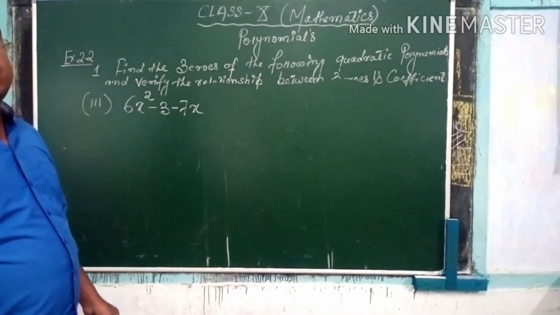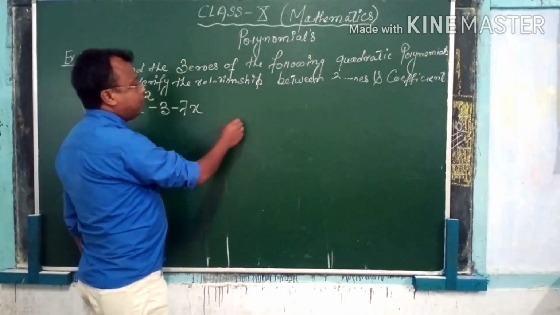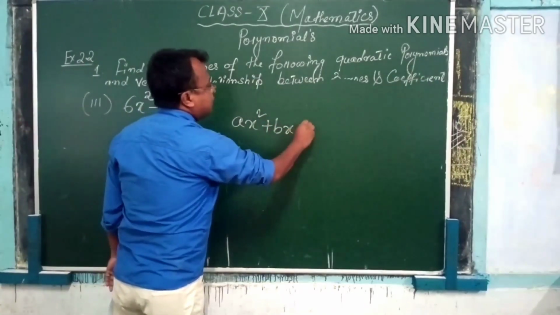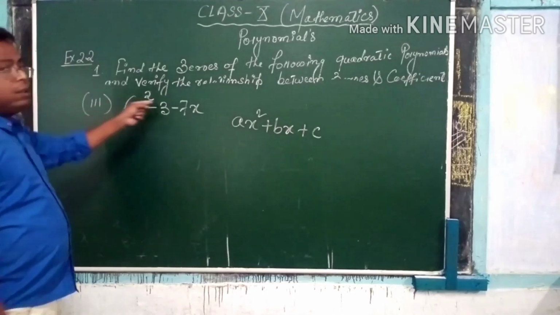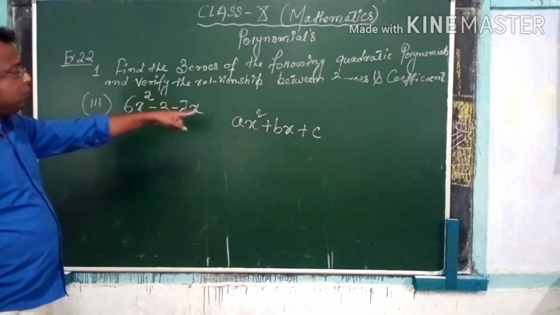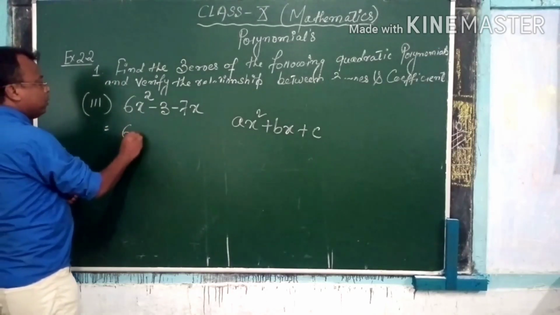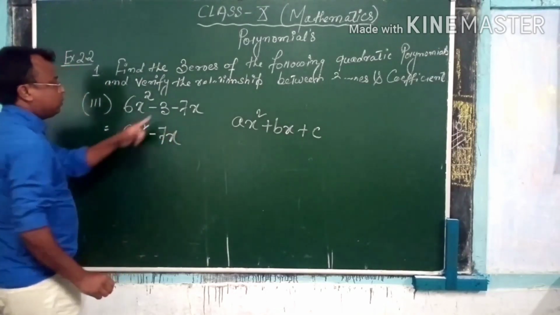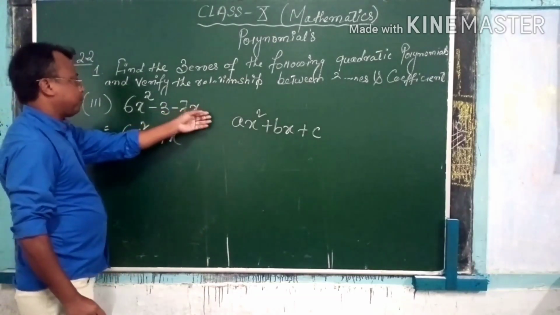Yes, this question is not in standard form. You know the standard form of a quadratic polynomial is ax squared plus bx plus c. This is not in standard form, so first of all make it standard form: 6x squared minus 7x minus 3. You just change the order.